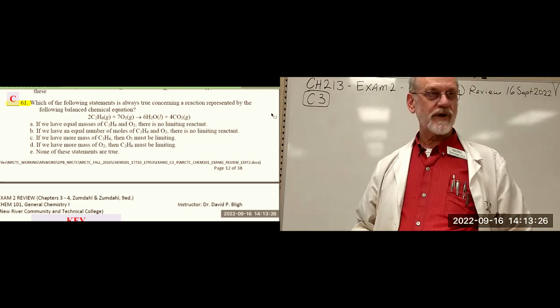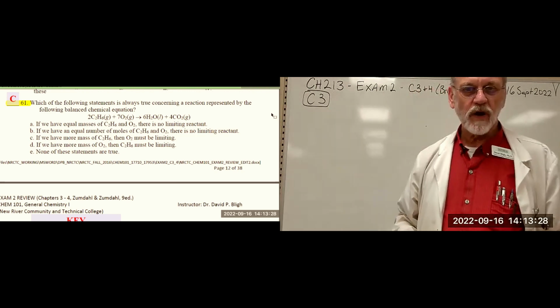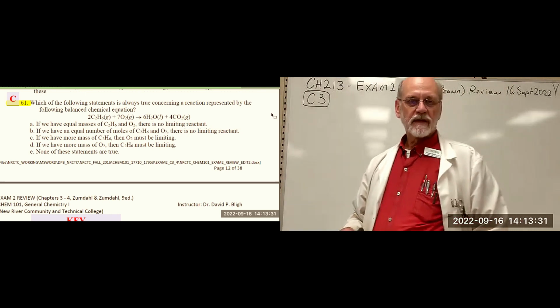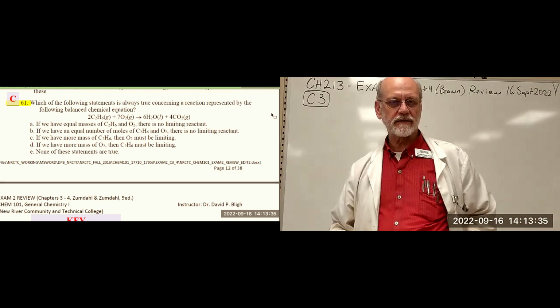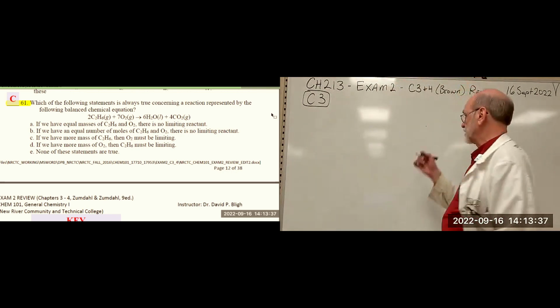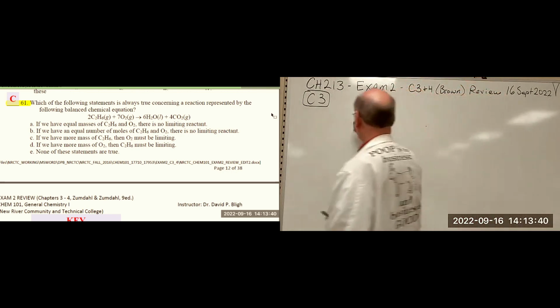It's also a redox reaction. Yields water and carbon dioxide. If we have equal masses of C2H6 and O2, is there a limiting reactant? Well, I guess I'm going to have to do it the long way.